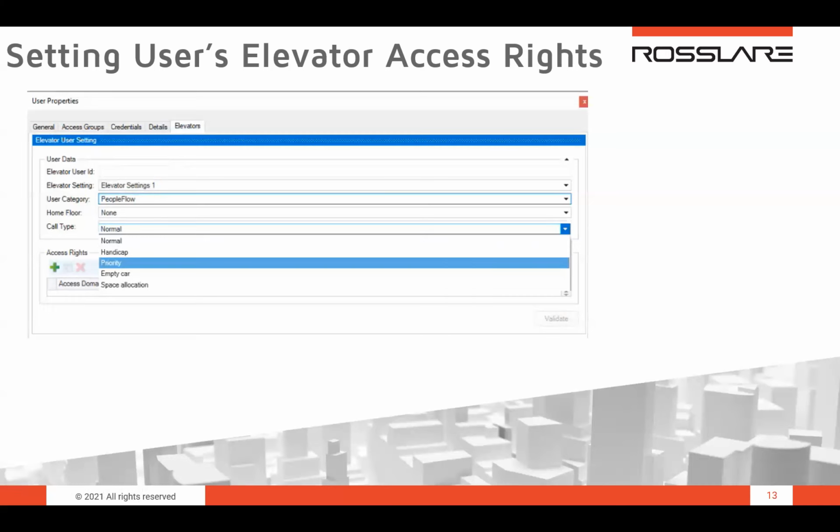The call type we choose will become part of the user's properties. Every time the user swipes his card at the elevator reader, the behavior of the call for the elevator would be according to the call type definition assigned to this specific user. For every call type, there is a different behavior.